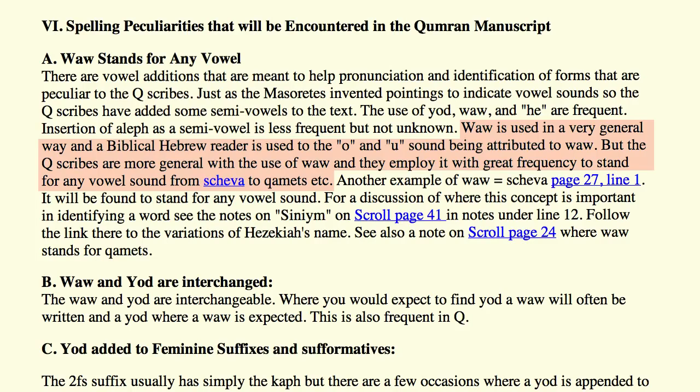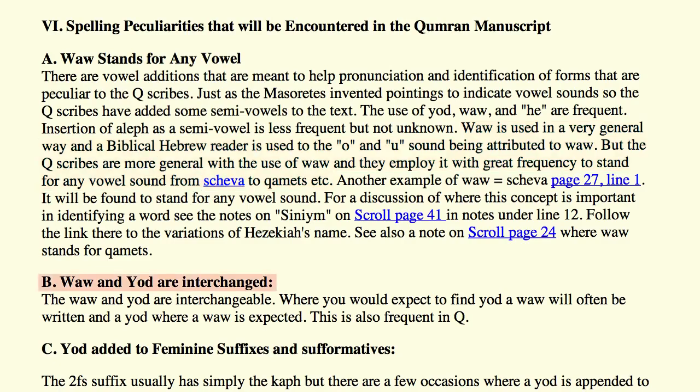But the Q scribes, the Qumran scribes, are more general with the use of wa, and they employ it with great frequency to stand for any vowel sound, from Sheva to Kametz, etc. In other words, the Dead Sea Scrolls uses the wa to sound like O, U, E, A, and I. Now that is not a reliable system.